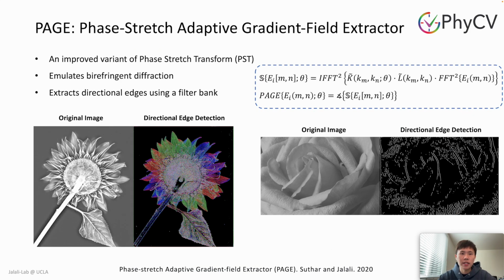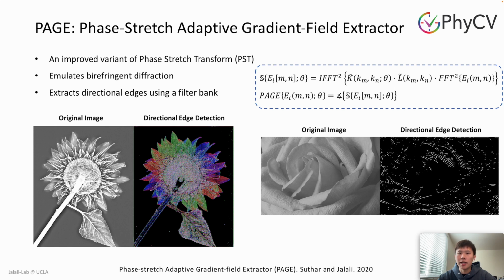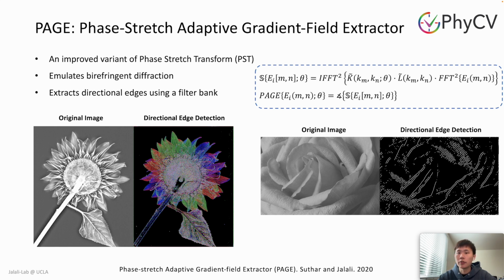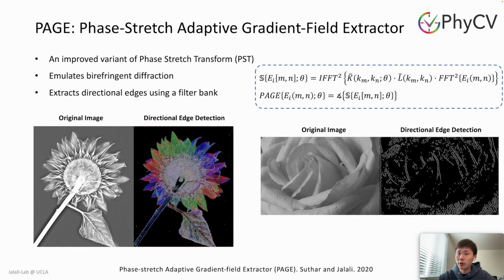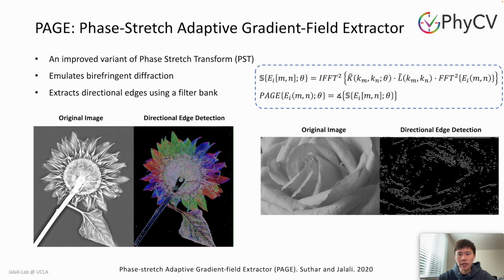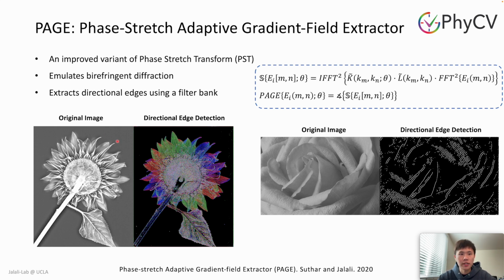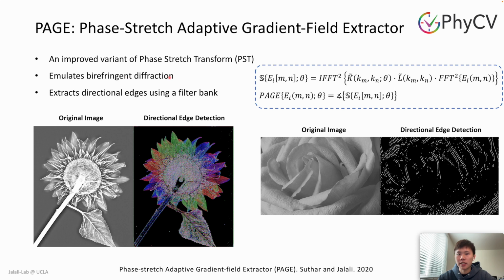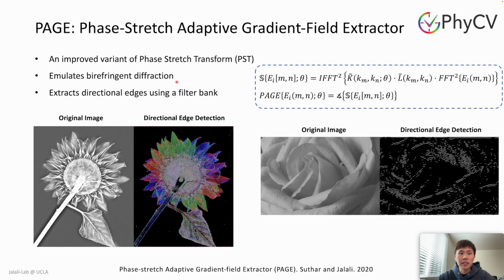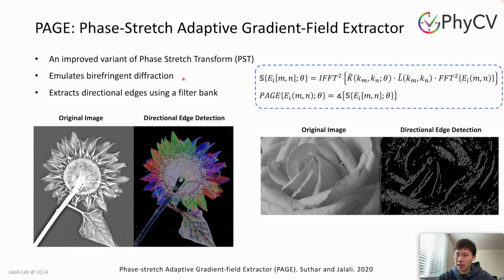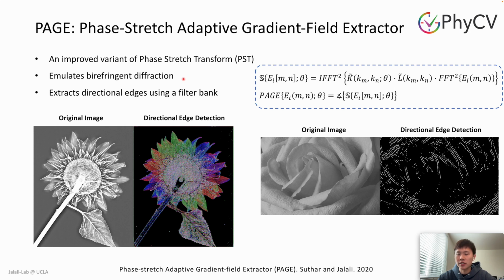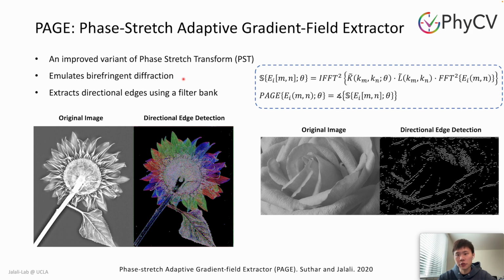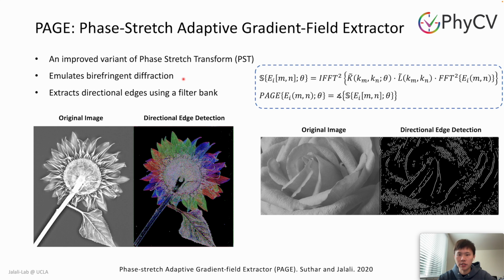PAGE, phase stretch adaptive gradient field extractor, is an improved variant of PST, which detects directional edges. Metaphorically speaking, PAGE emulates the physics of birefringent diffractive propagation that is orientation dependent through a physical device. Instead of a single phase kernel, PAGE uses a filter bank with filters at different directions.